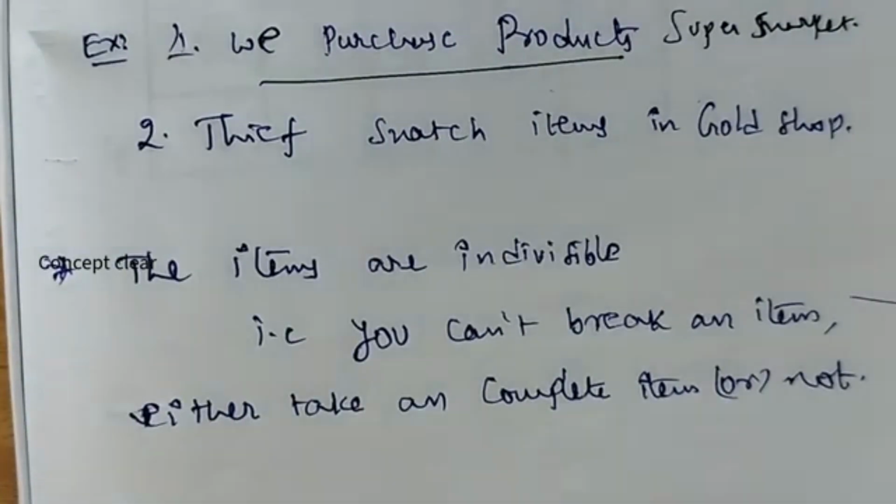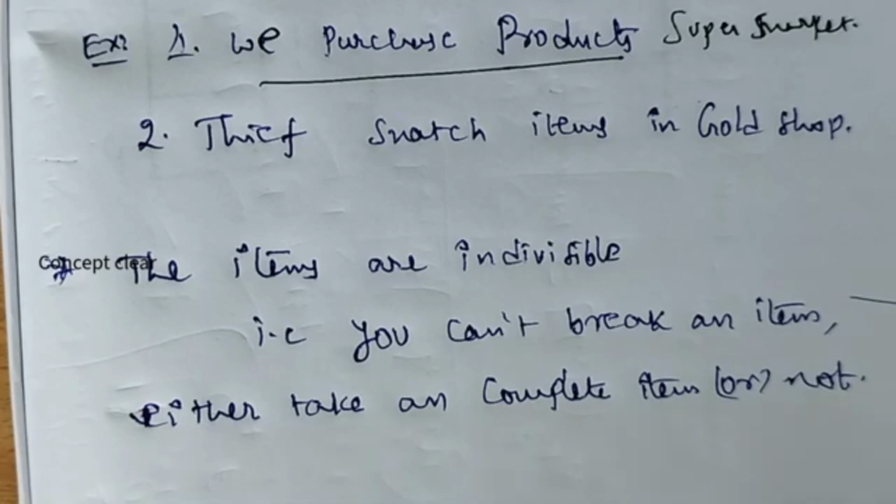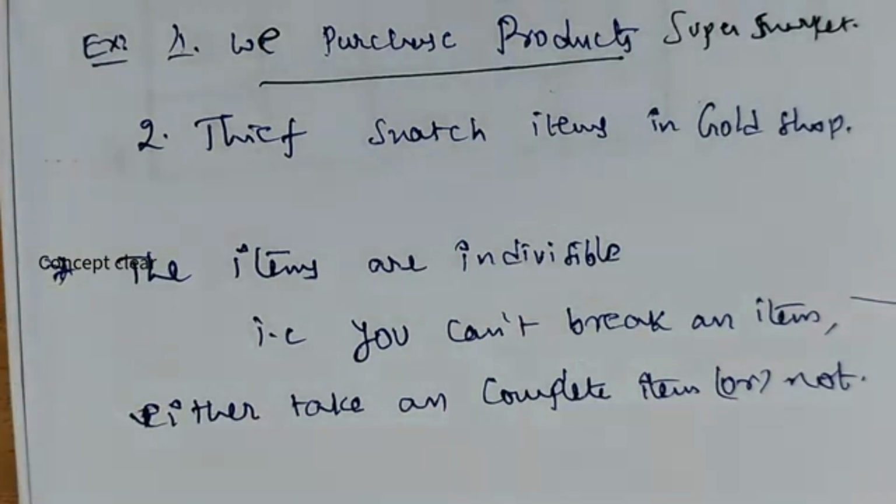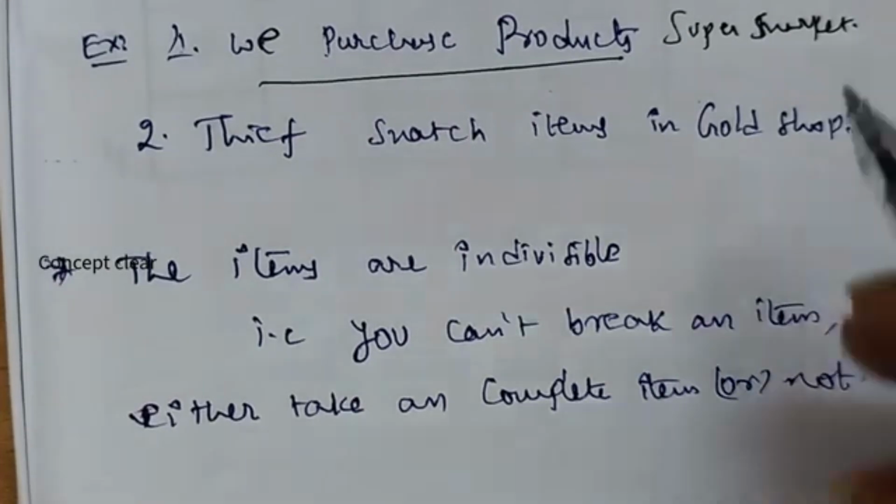When you enter the market, you should not initially purchase a rice bag of 25 kgs. Why? Because if you purchase the 25 kg bag, the remaining space is very little. So we have to purchase the remaining required items first, and later purchase the rice. This is one example.